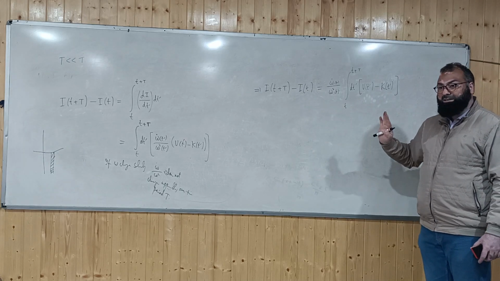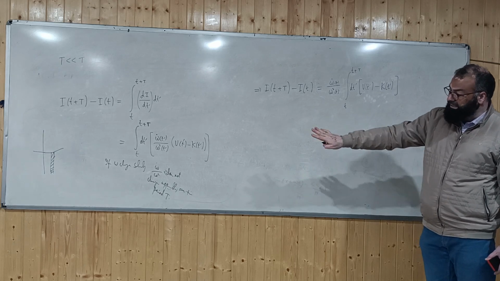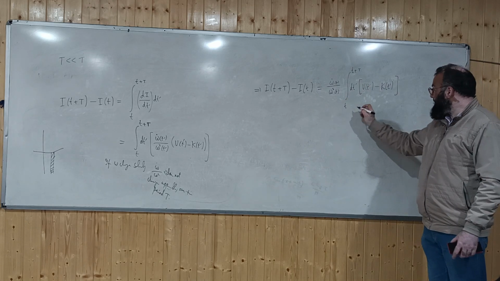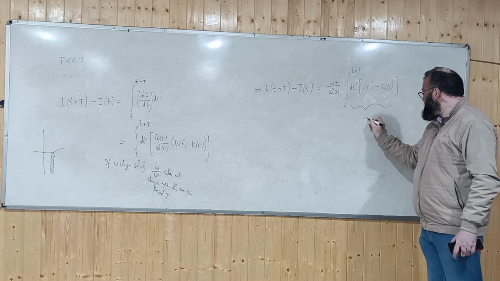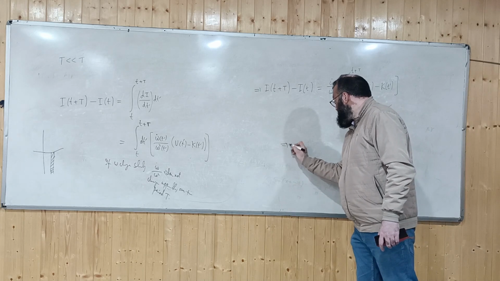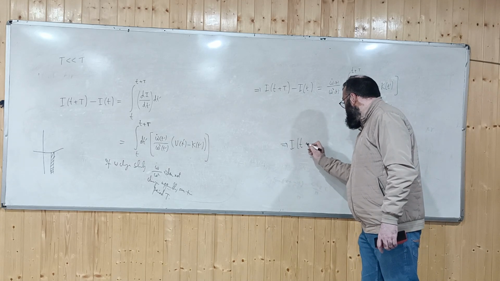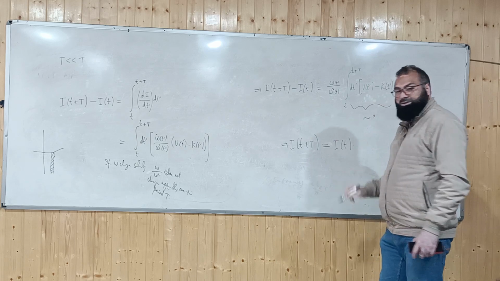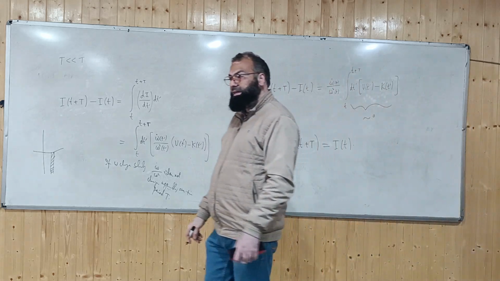And how slow is that? There is no appreciable change within this time period. So in that case, this will be approximately equal to 0. So what we got then? I(t + T) is the same as I(t). So that means this I is actually the invariant of motion.